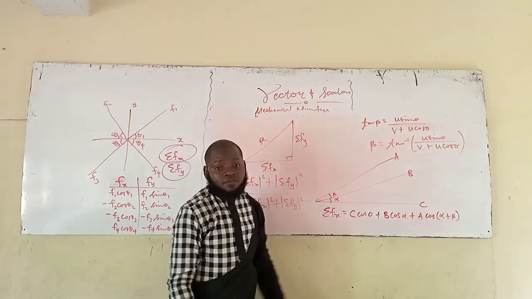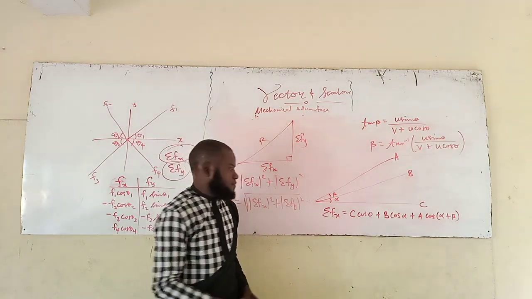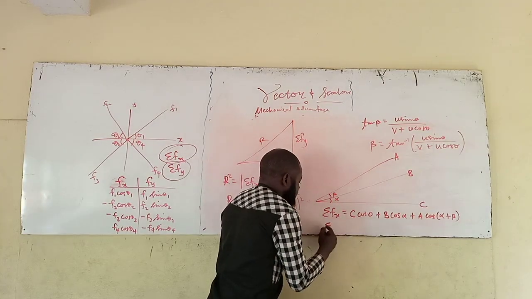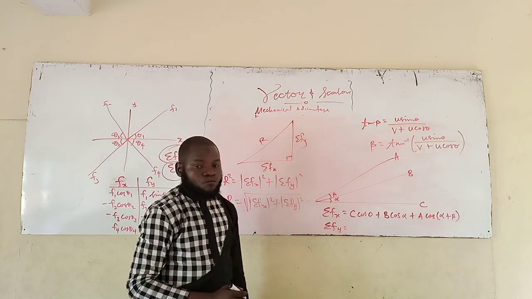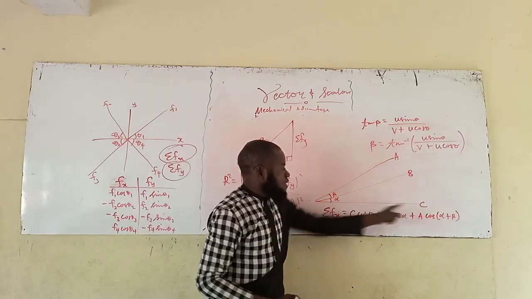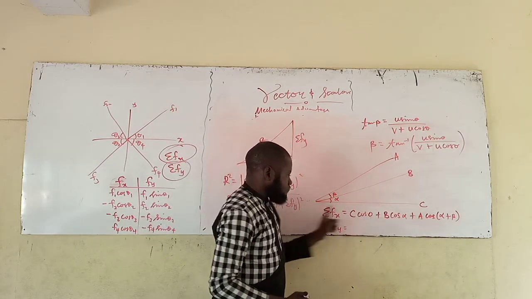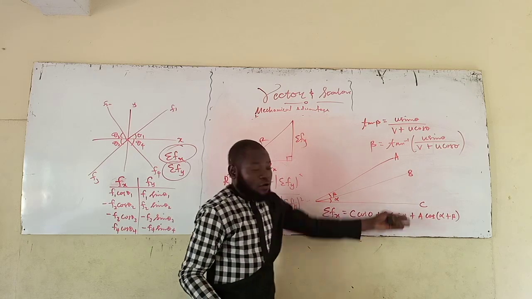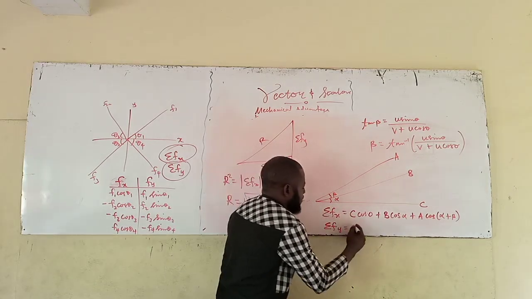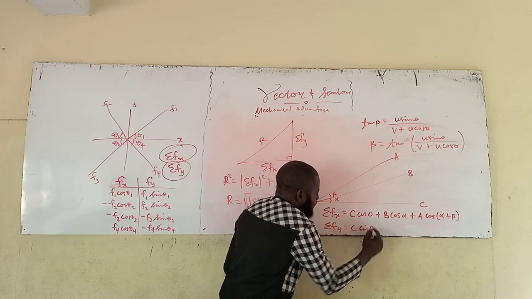So what did they now say? Find the resultant of the vertical component. It's also simple. It's just going to become the summation of F of y. This one has a 0 angle with the horizontal, isn't it? Because it's a horizontal force. So it's going to become C sine of 0.